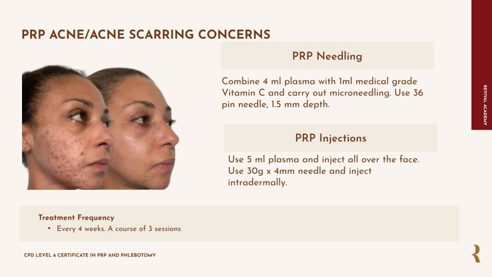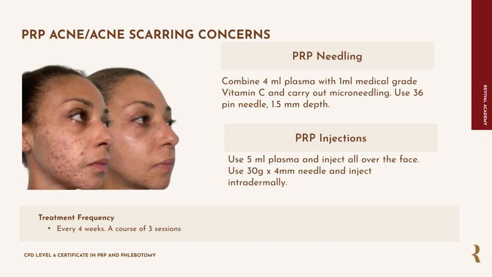Judge this by the client's skin. So if the client's skin is not that thick, you will probably want to go about 1.2. But if the scarring is deep pitted, if the skin is quite thick, you can do about 1.5 millimeter depth.